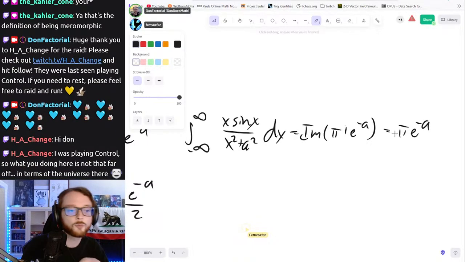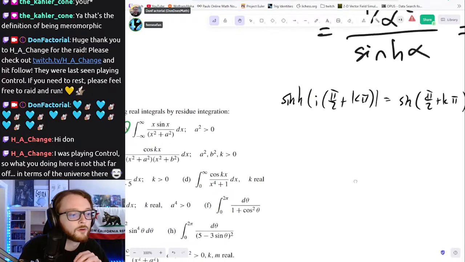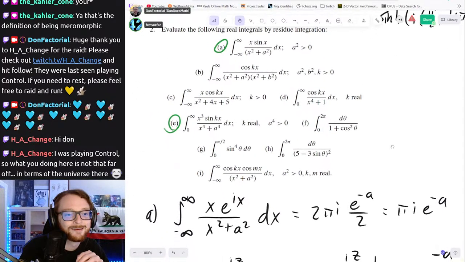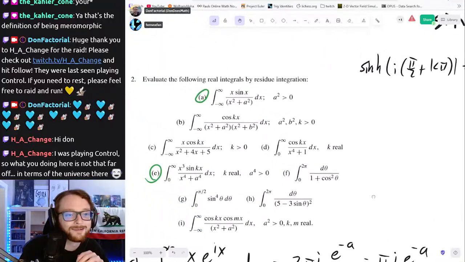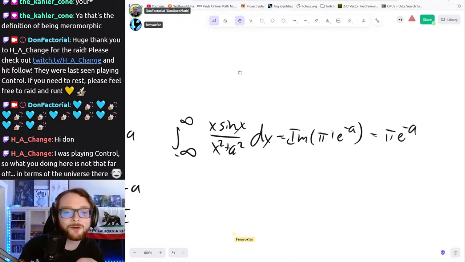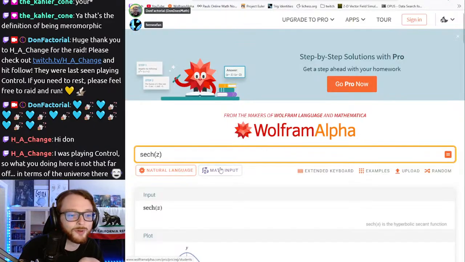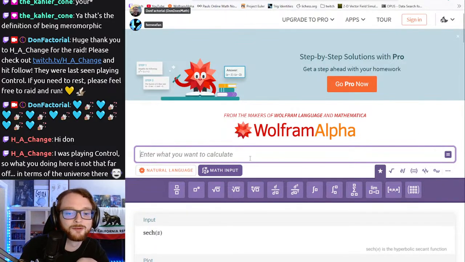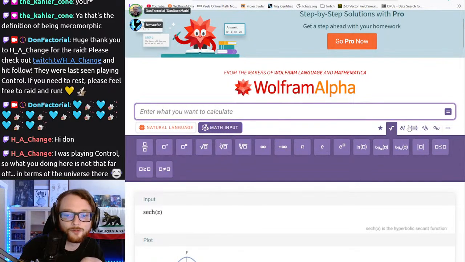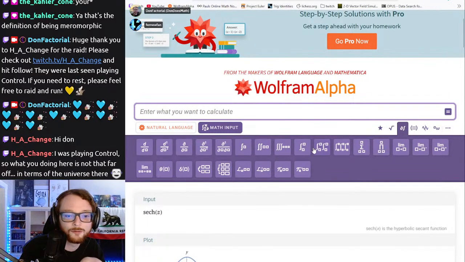Can Wolfram figure this out? Maybe. Probably not symbolically, but let's see if it can. We can always do a certain value of a, I guess, if not.